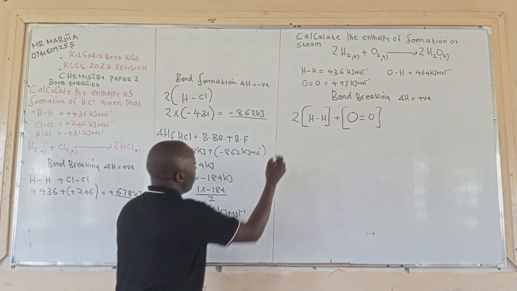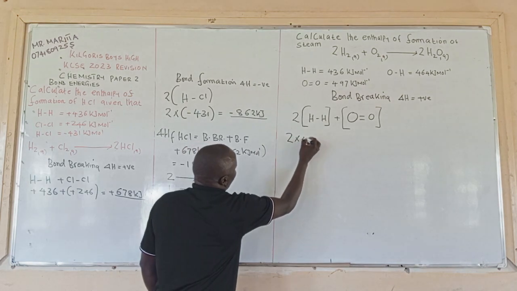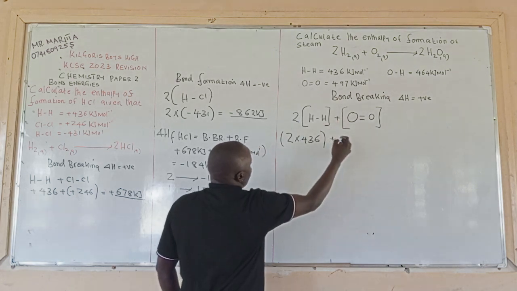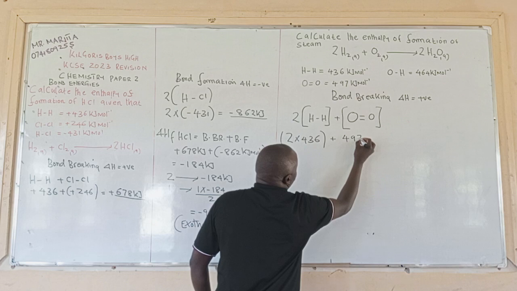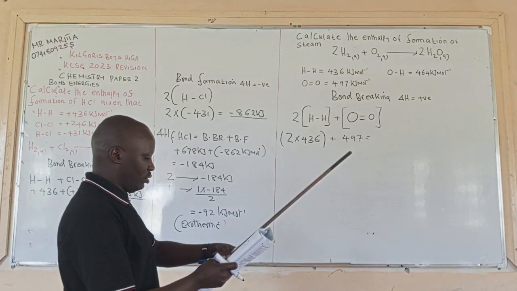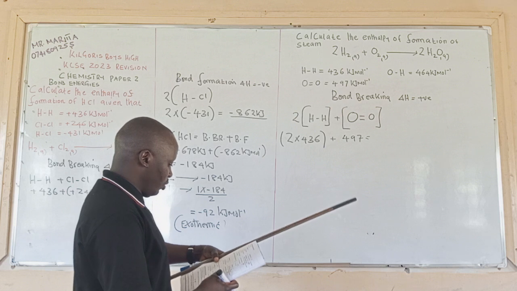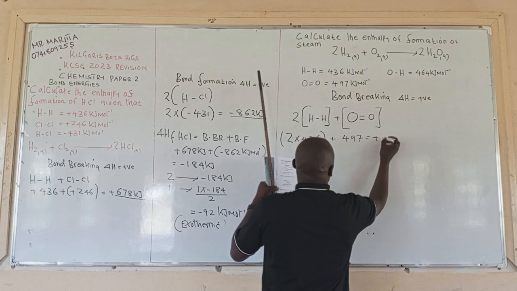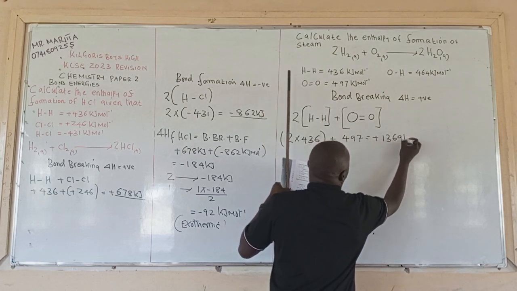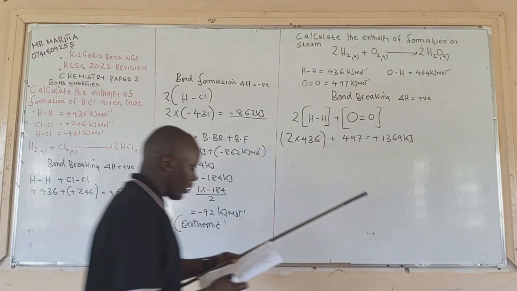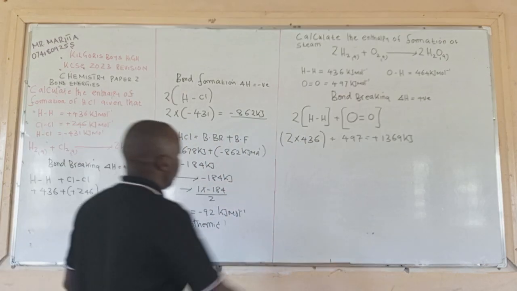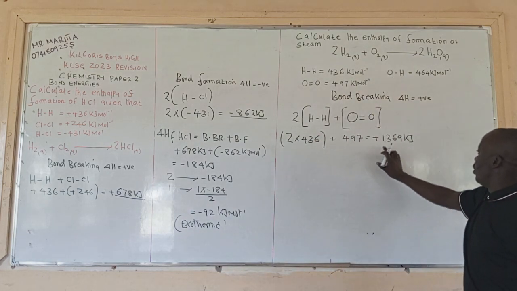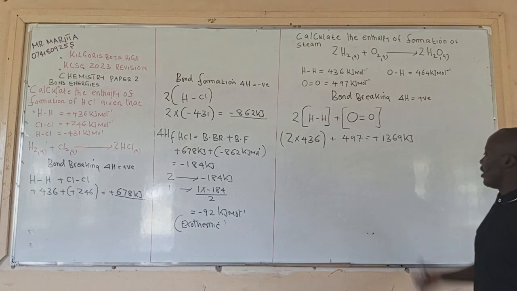So we multiply this by 2 times 436, then plus for oxygen, 497. So we have this as positive 1369 kilojoules. That is the total energy required for atomization of this hydrogen and oxygen, which is equivalent to positive 1369 kilojoules per mole.